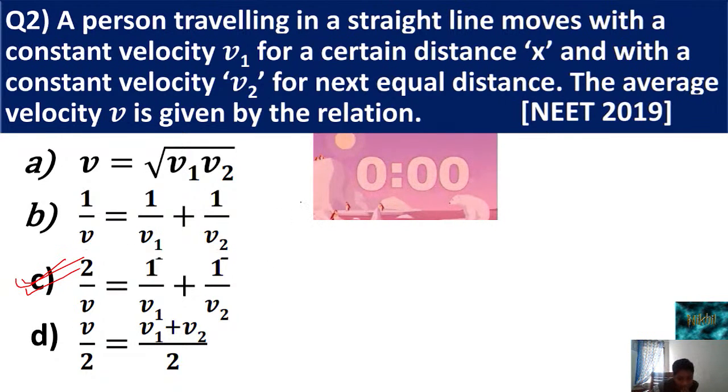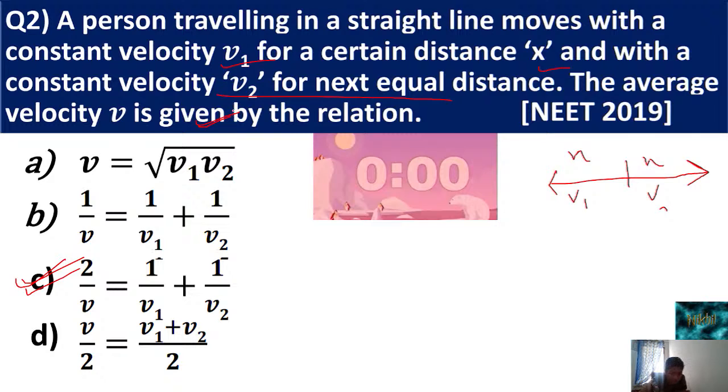So guys, let's solve this. Now, a person is traveling in a straight line with constant velocity v1 for a certain distance x, and v2 for the next equal distance x, then the average velocity v is given by the relation.